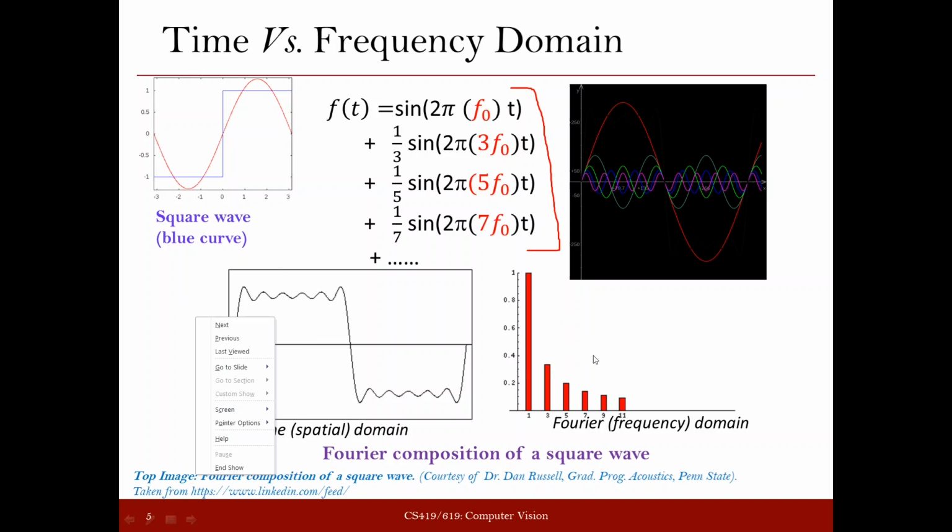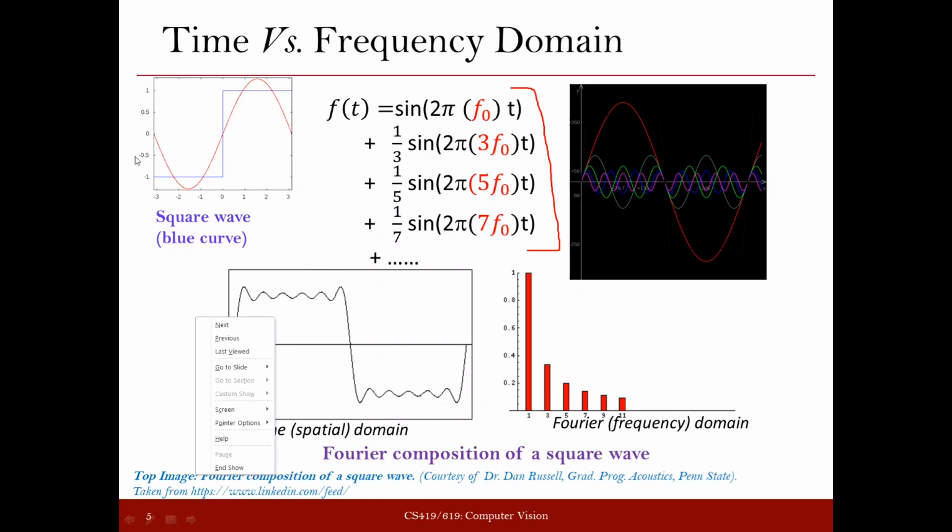Just observe in this diagram that the frequencies are increasing, which means to represent this waveform, you are adding more and more sine waves with higher and higher frequencies. And when you add those, this left side waveform will become closer and closer to the square wave.